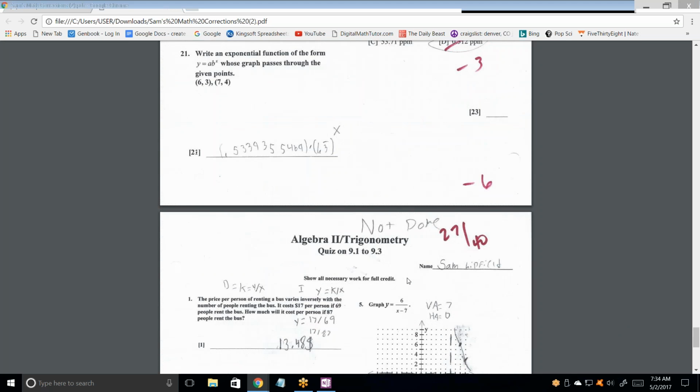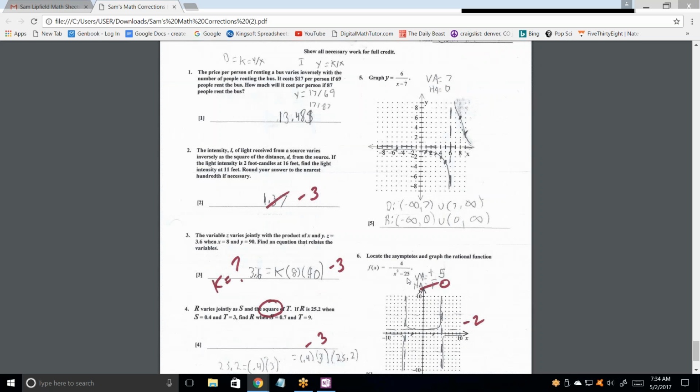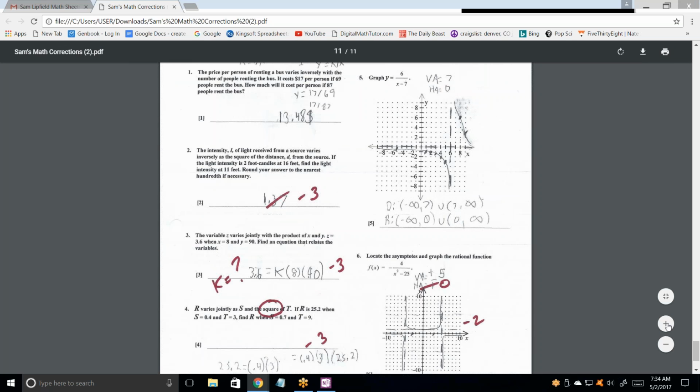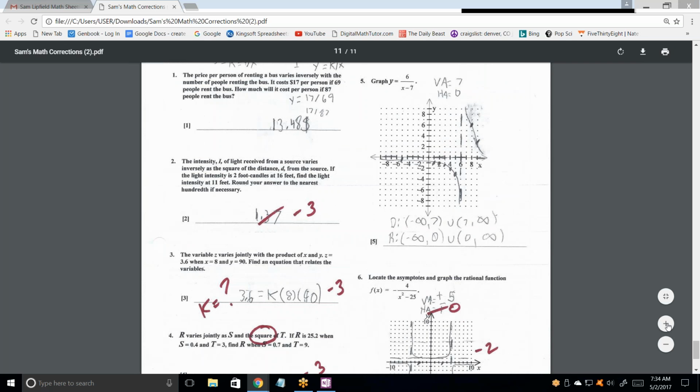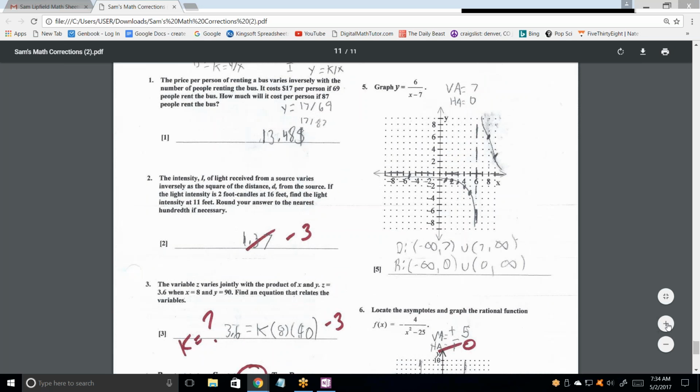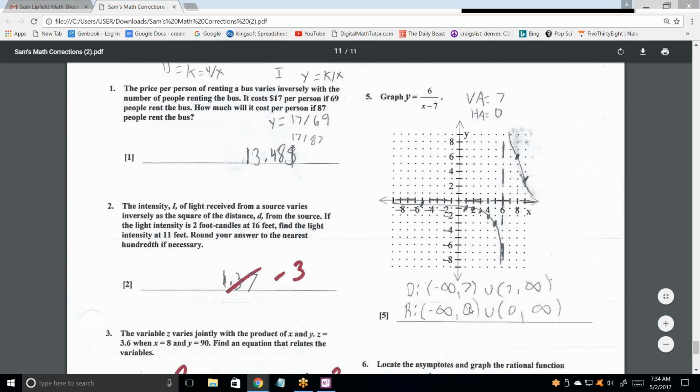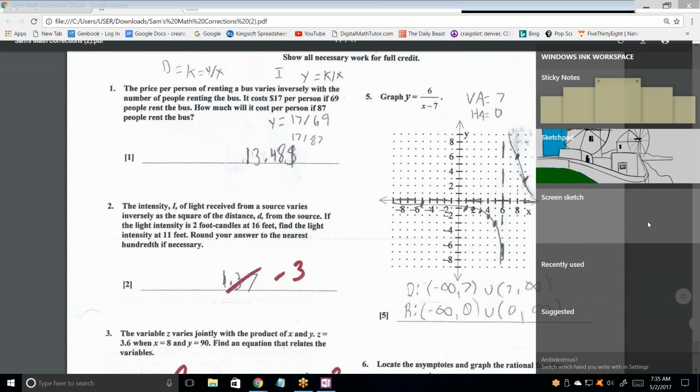See if I can figure out how to blow it up here. Alright, let me just take a quick picture of this.